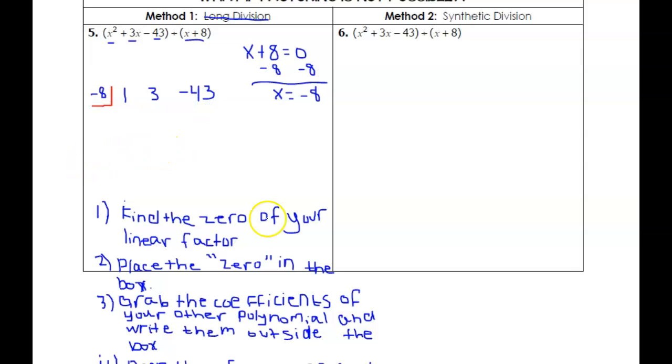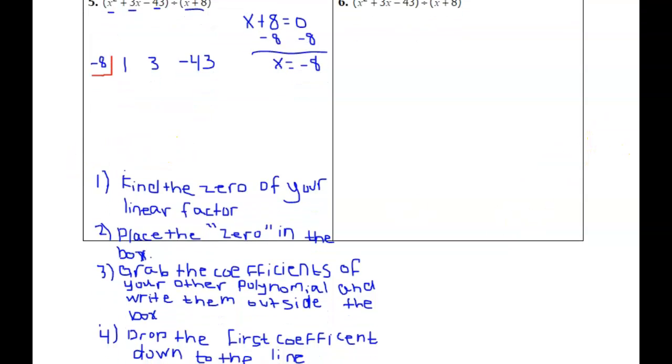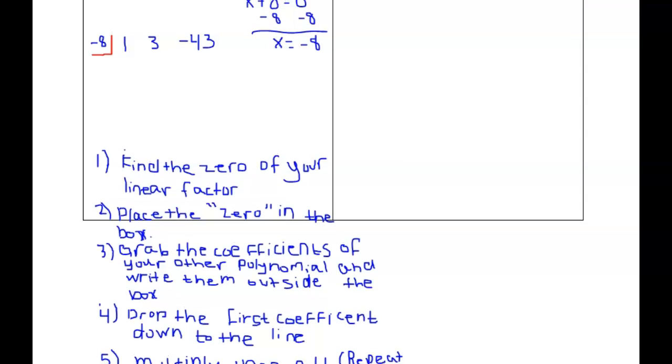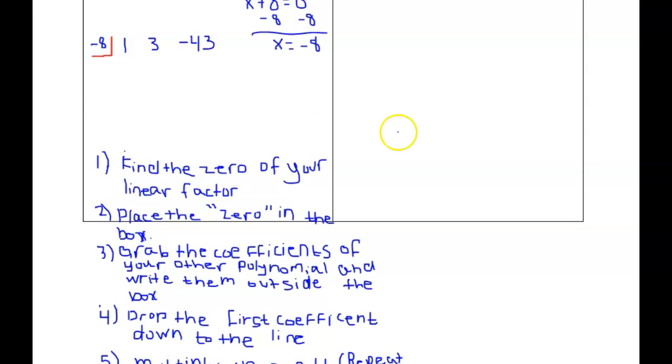All right. Now it says to drop the first coefficient down to the line. Well, I have to draw a line, and I am going to drop my first coefficient down to this line. So my first coefficient is 1.